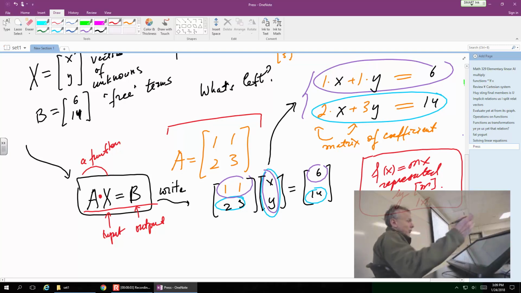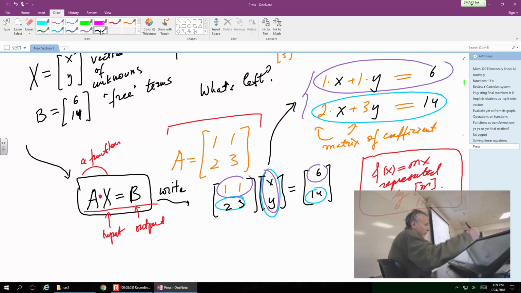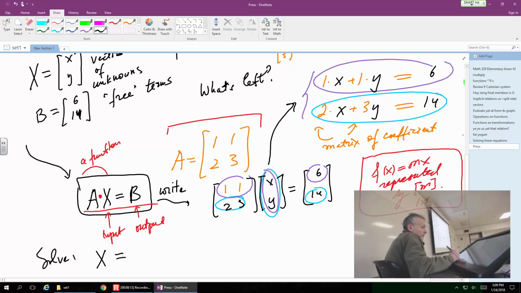And then once again, what do we do? How do we solve this problem once and for all? x is equal to what? A inverse b.